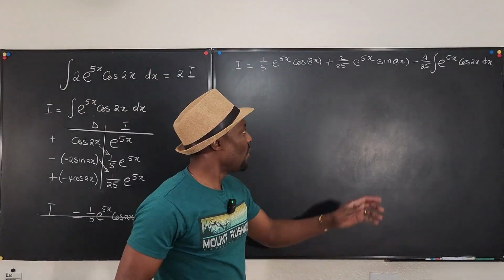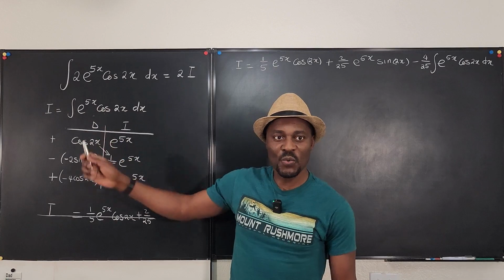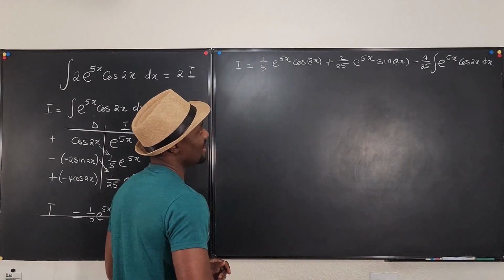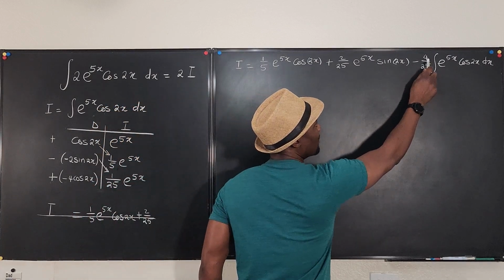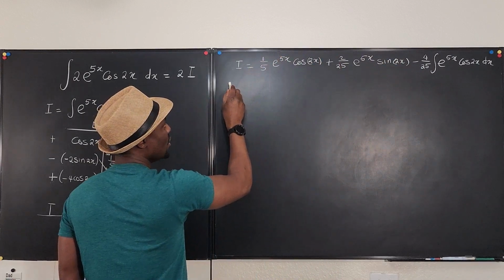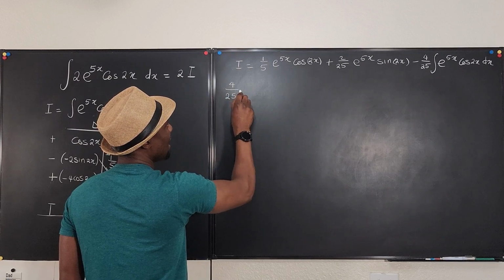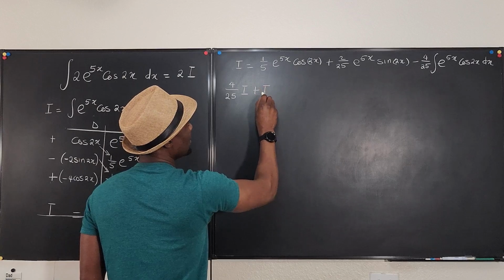So now we know that this is the same I that we started with. So we can replace this expression with I. We just need to write I there. So this is this I here, and we got 4 over 25 I's here. So we can move this over here so that this becomes 4 over 25 I plus the original I we have here.